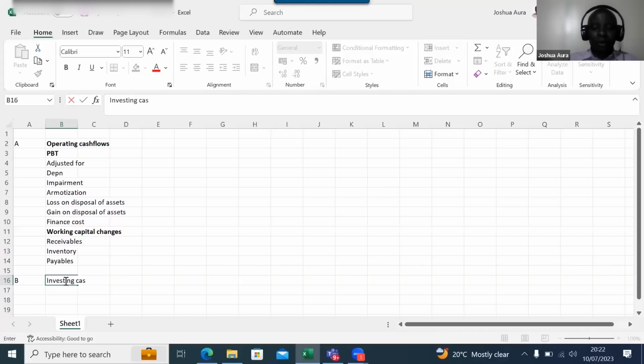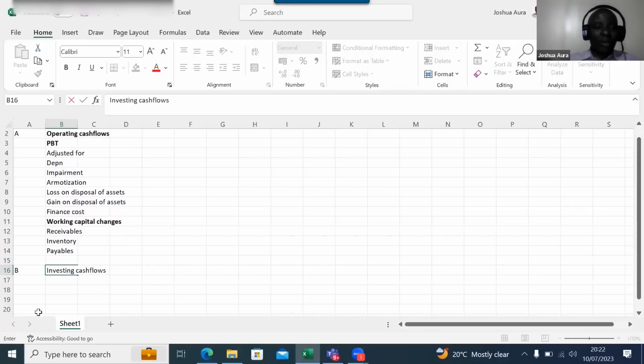Then I don't have to leave a huge space. I'll come somewhere here and mention C, the financing cash flows.